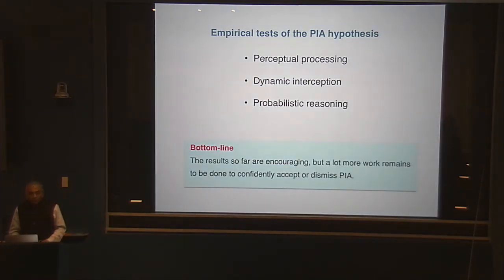So the bottom line that I had started out with, the results so far, I hope you agree with us, are encouraging, but a lot more needs to happen before we can have more confidence to reject or accept PIA.